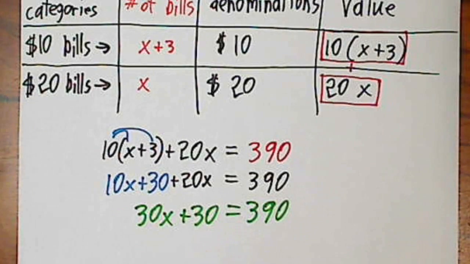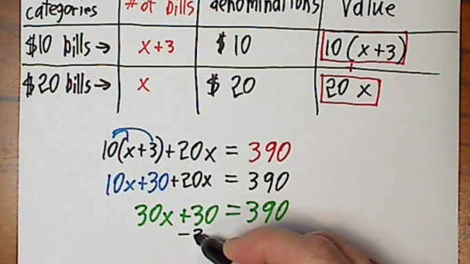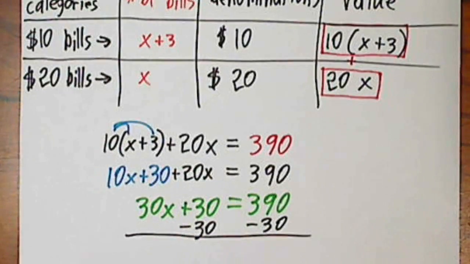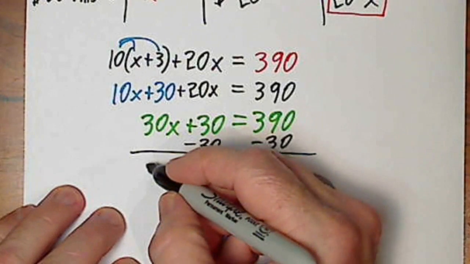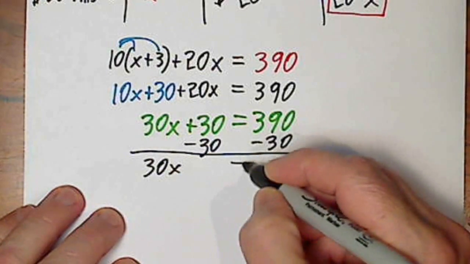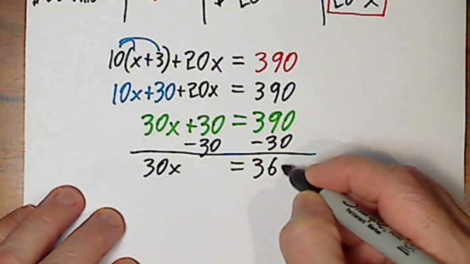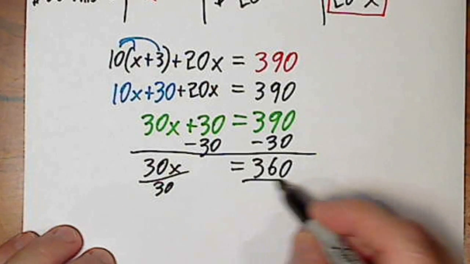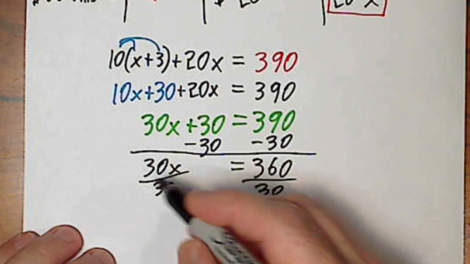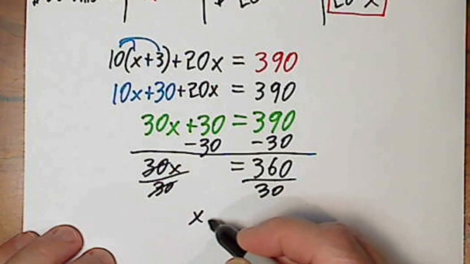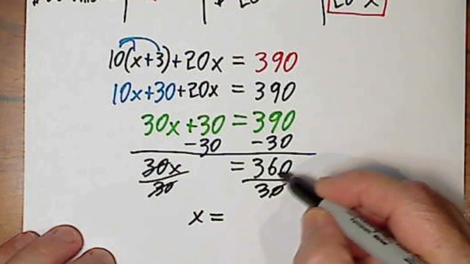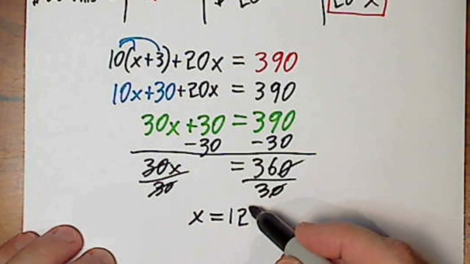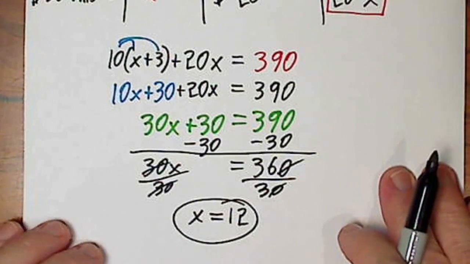Get rid of that 30. Slide up a little more. So we have 30x is equal to 360. Get rid of that 30. Goes into itself once, so x is equal, divide by 10, divide by 10. 3 goes into 36 12 times. So I have x equals 12, but I might not be finished yet.